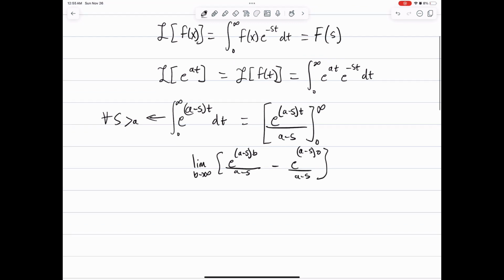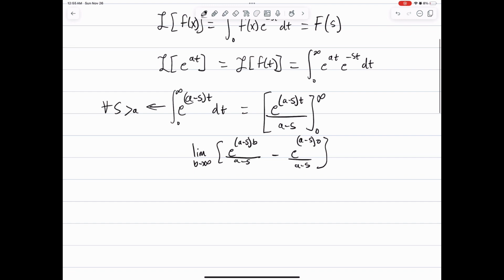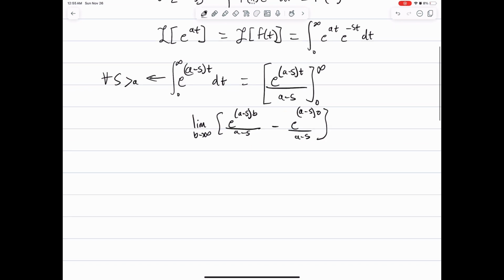If you notice, since s is greater than a, our exponential turns into a decreasing exponential function. So the limit as b approaches infinity, at infinity, equals 0. So we have 0 minus, and the 0 in the exponent just makes it a 1, over a minus s.